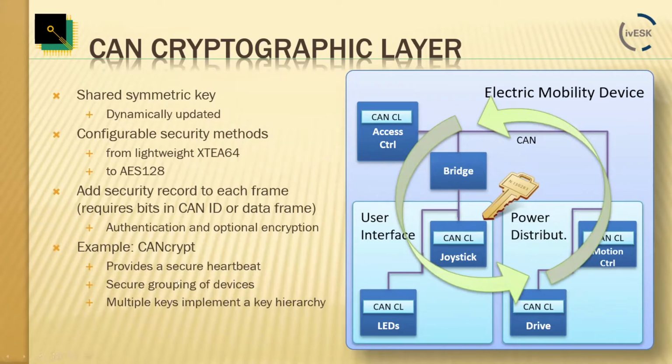If we look at the specifics of CANcrypt, once the devices here are grouped, there will be a secure heartbeat. And just by monitoring the secure heartbeat, all devices know that they are still grouped and they are still using the same key. So also here, one of the potential recognitions of errors is not necessarily that a device directly transmits an alarm or an error, because if an attacker is fast enough, then the attacker might take a device down before it's able to communicate anything else.